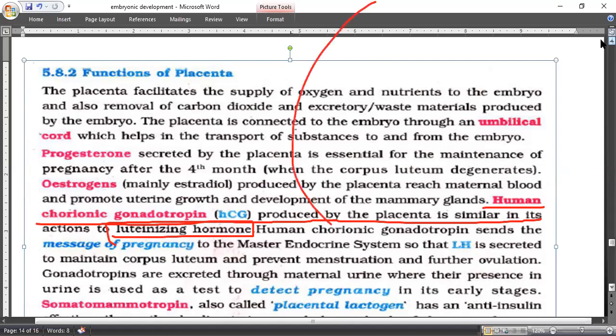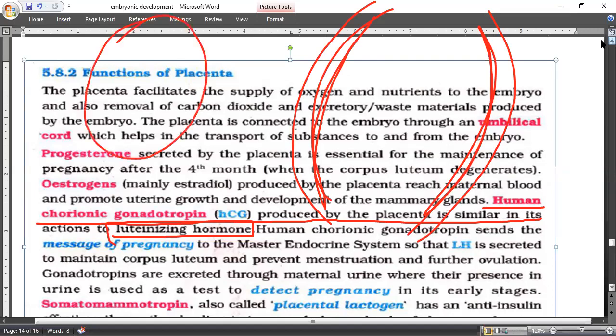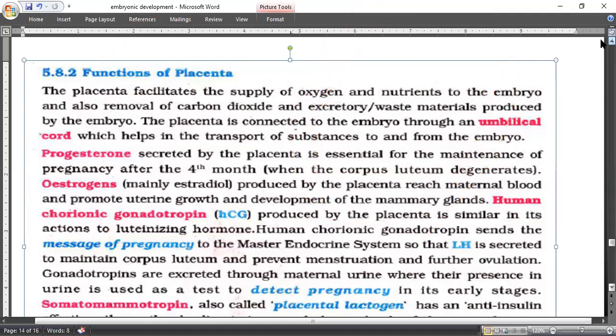Recall our menstrual cycle we discussed earlier. If fertilization doesn't occur, the secondary oocyte will degenerate. Then the corpus luteum, that yellowish substance present in the ovary, degenerates in the form of corpus albicans. Let me show you the fallopian tube.